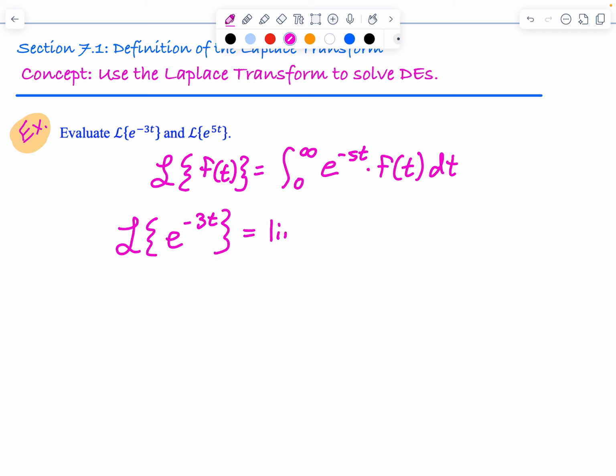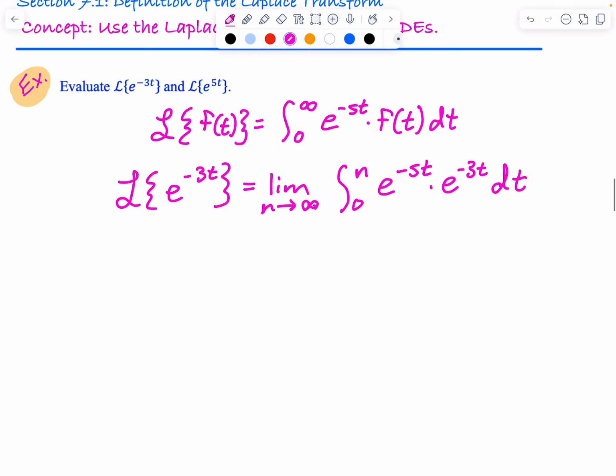All right, we'll change it to the limit to infinity, and then this is 0 to n of e to the negative st times e to the negative 3t dt. All right, I'm going to combine those e's. Remember, we add.